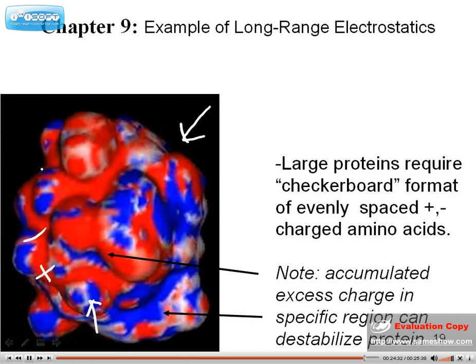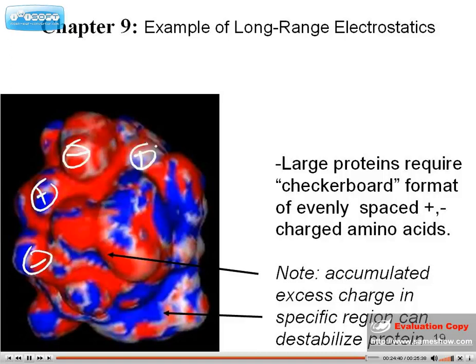So I'll just go ahead and label this negative, positive, negative, positive. They tend to be on the outside of a protein. So we're looking on the outside of a protein because like attracts like, the positives and negatives are going to be near polar water. And it tends to be in a checkerboard, so that way all the positive and negatives help cancel each other out. Pretty cool, huh?